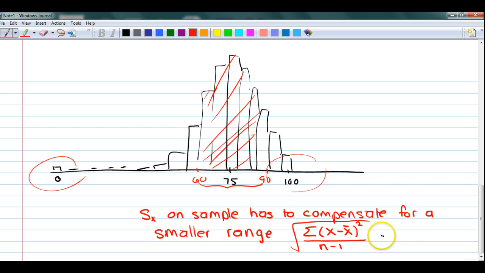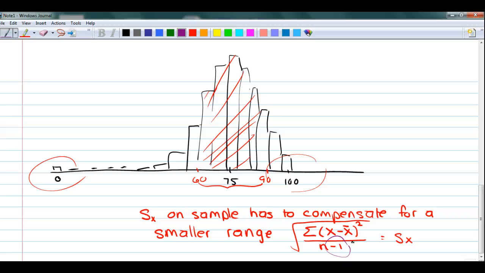Whereas if you're doing population, you've got the entire range, and you don't have to compensate with that minus 1 guy. And that's the difference between sample variation and population variation. Sample standard deviation and population standard deviation.